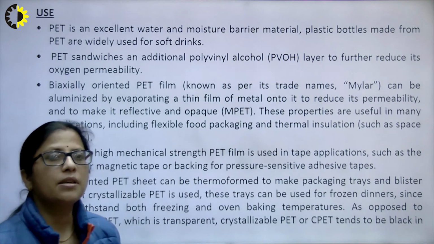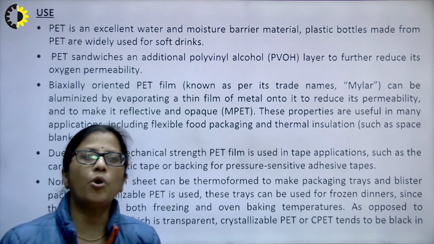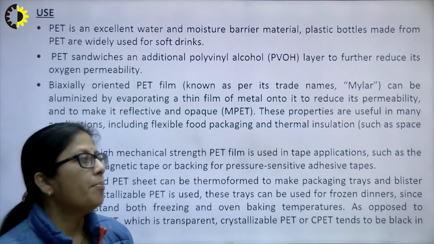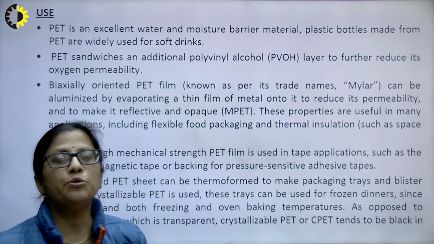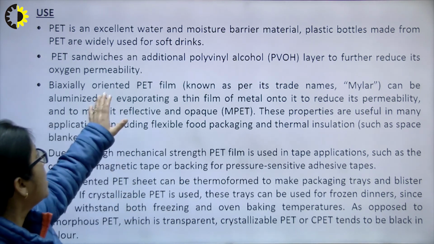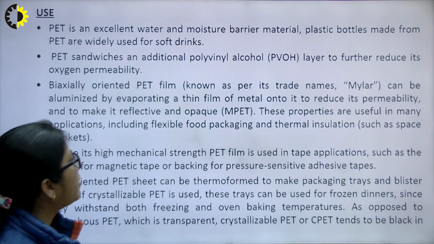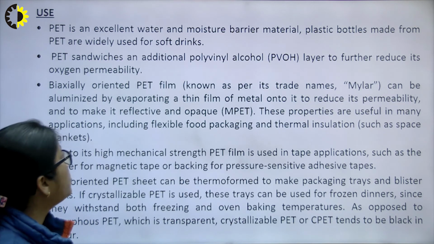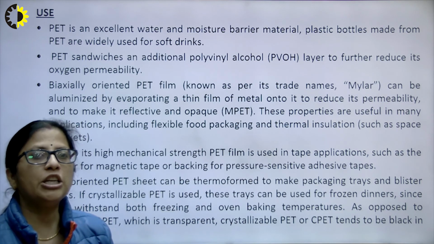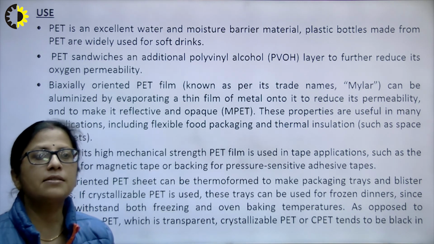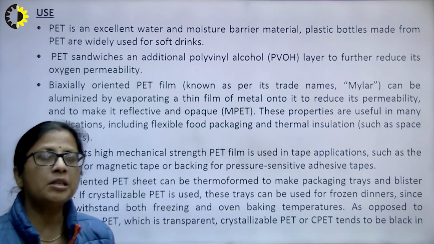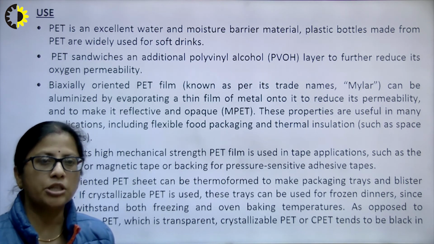Coming to the uses, this PET is an excellent water and moisture barrier material. The plastic bottles made out of PET are widely used for soft drinks. Then PET sandwiches an additional polyvinyl alcohol layer to further reduce its oxygen permeability. So with the addition of polyvinyl alcohol, PET reduces its oxygen permeability, that means it is not easily attacked by oxygen.